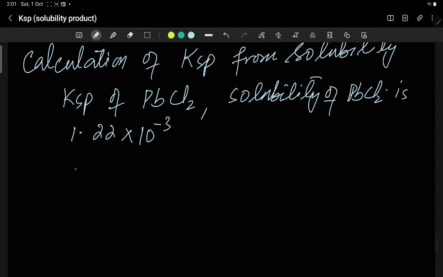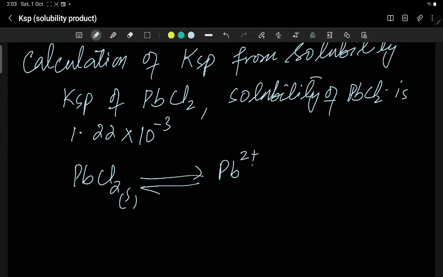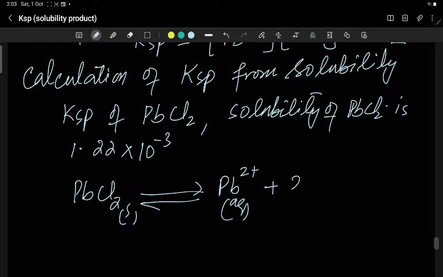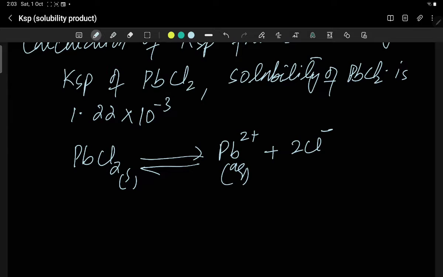So we know that PbCl2 solid is in equilibrium with lead 2 positive aqueous plus 2Cl negative. The solubility of lead chloride is 1.22 into 10 raised to the power minus 3.